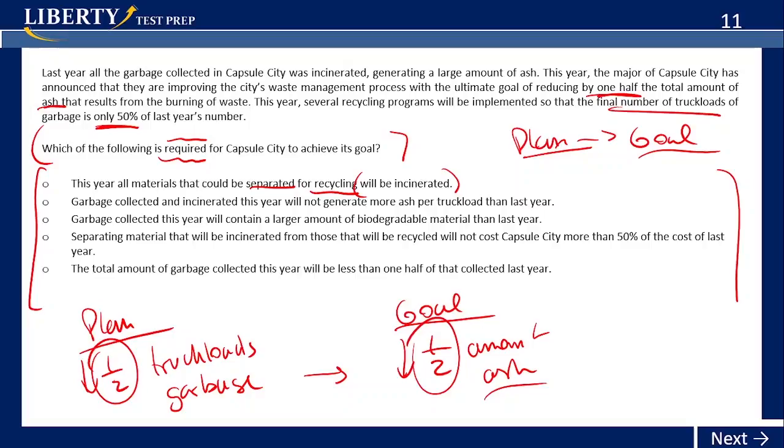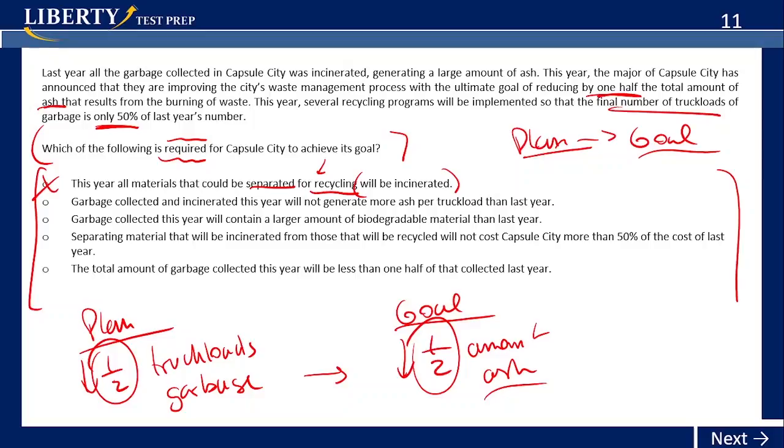What does it tell me about the relationship between decreasing by 1/2 the number of truckloads and decreasing by 1/2 the amount of ash? It doesn't tell us anything about it, so that was out of scope. We don't even know what fraction is being recycled. That's out.